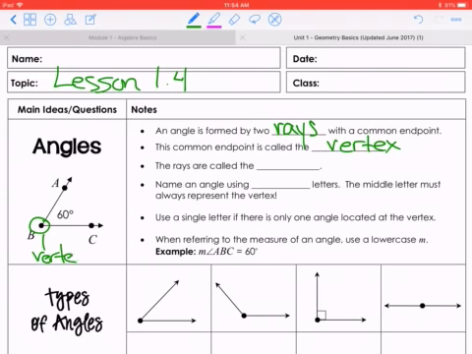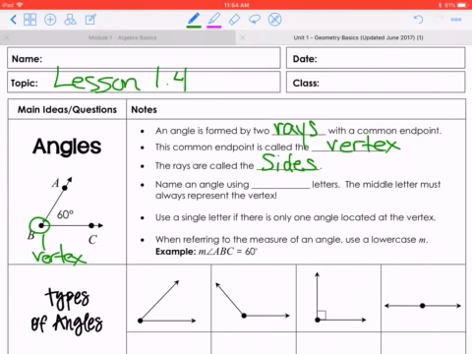That is the endpoint, where the ray starts. So your two rays are ray BA and ray BC. Rays are called the sides of an angle. Again, an angle is formed by two rays.